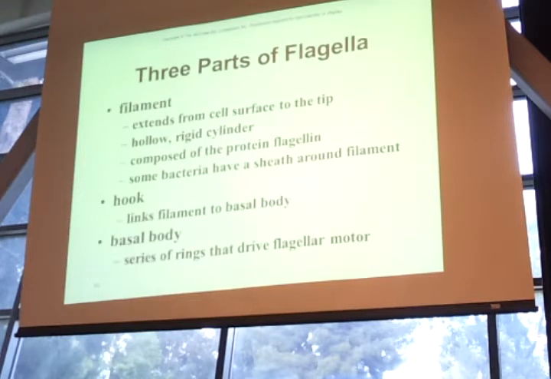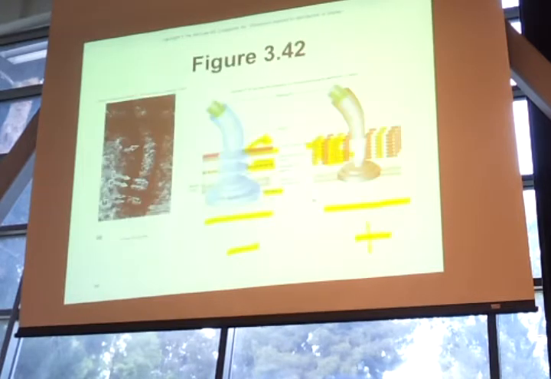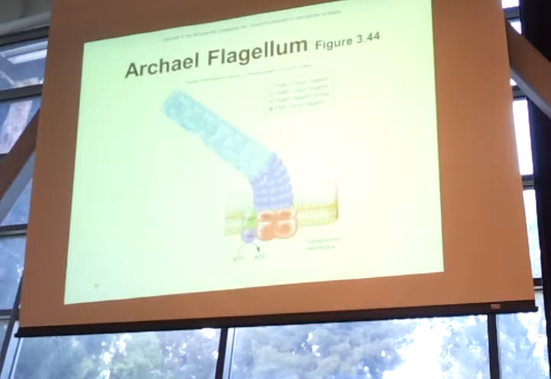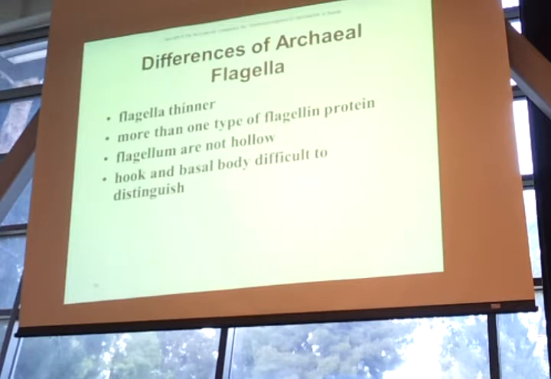So again, filament, hook, basal body, I don't need you to draw that out or anything like that. There are some slides that show that. What you should know about the archaeal flagella is that they are thinner, and they are different, like everything else is different about them too.